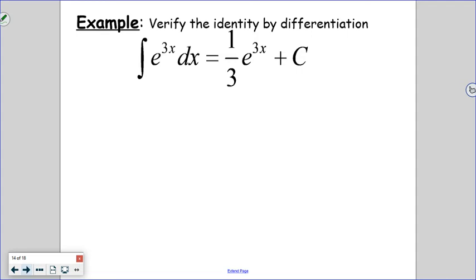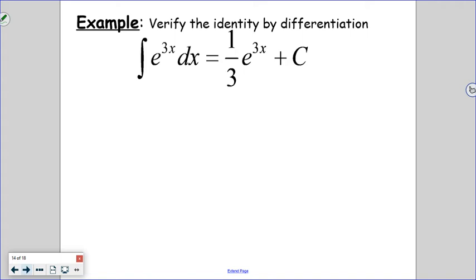So there is no work to be done as far as figuring out what the integral of e to the 3x dx is. It's 1/3 e to the 3x plus C. What we have to do is show step by step that they actually are equal to each other. And then the second part of the directions tells us how we're going to do that, by differentiation. So we're going to differentiate both sides, or take the derivative of both sides, and show that the derivatives of those two functions are equal, which means they would be equivalent functions.